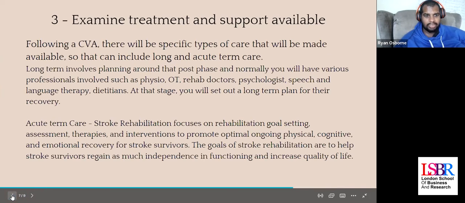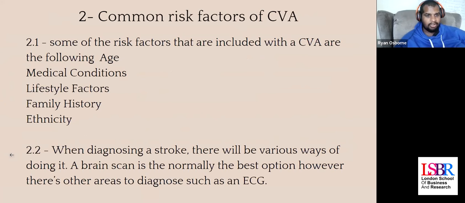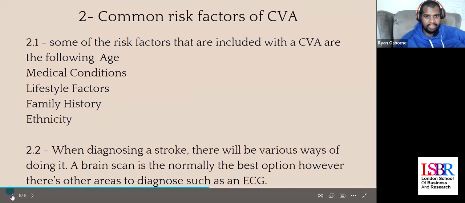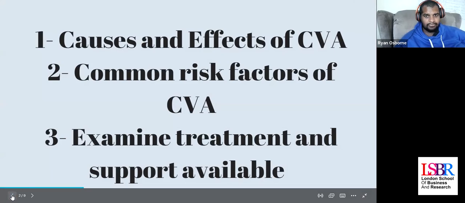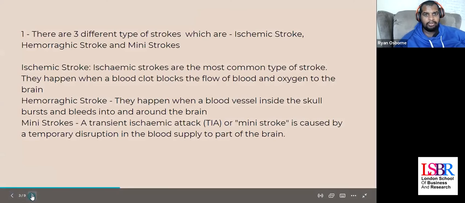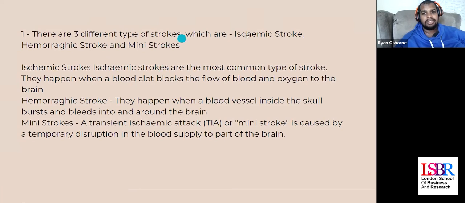But what we'll do is skip back to the beginning. At the beginning, we said that there are 3 different types of strokes. So there's an ischemic stroke, hemorrhagic stroke, and a mini stroke.